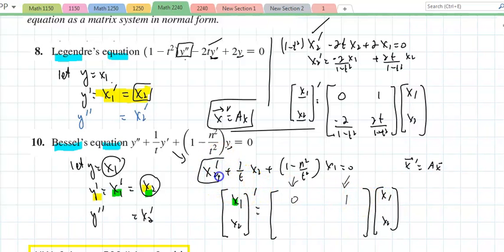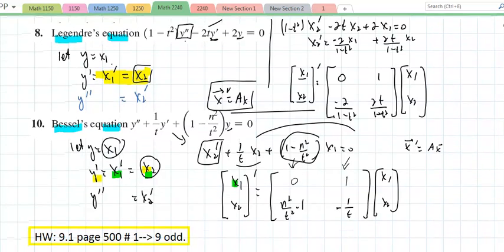If I solve for x2 prime, wouldn't this move to the other side? That would be negative 1 over t times x2. Oops, backwards. Wouldn't that be n squared over t squared minus 1, because when you move it to the other side, times x1. And when you move that to the other side, doesn't that become negative 1 over t? And there it is. And that's all we want to do for this section.